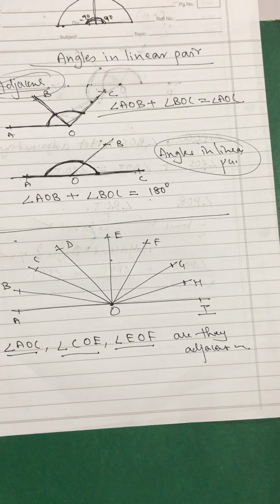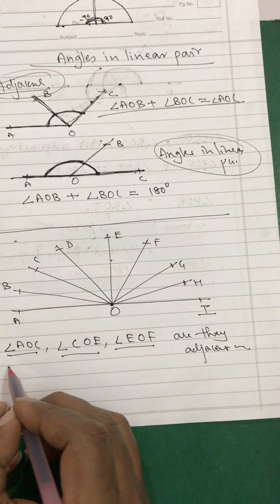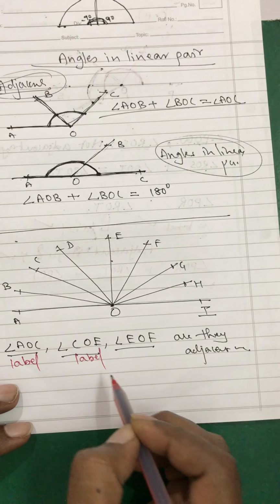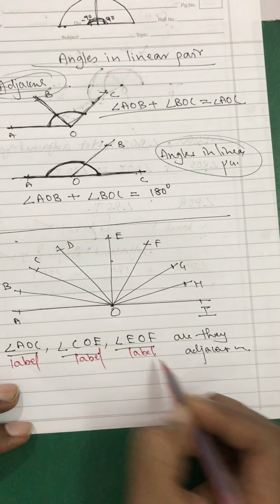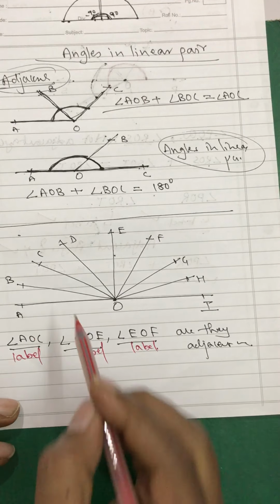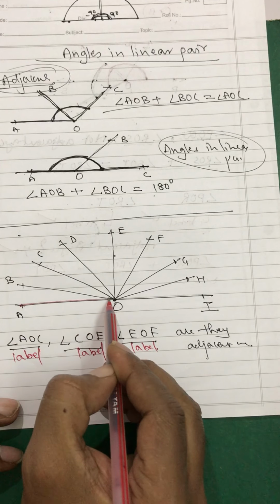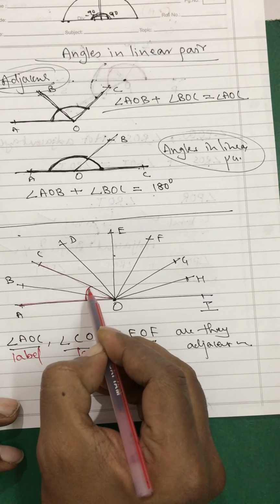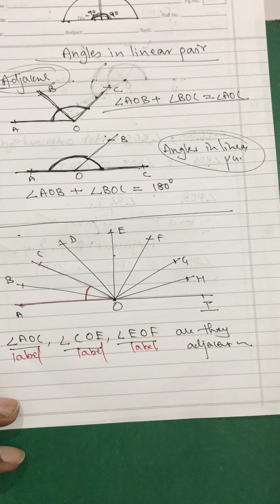First identify them. You will have to label them first. Label angle AOC, label angle COE, label angle EOF. Now I label angle AOC. AO and OC is this, so this is the angle. See whether your labeling is going right.